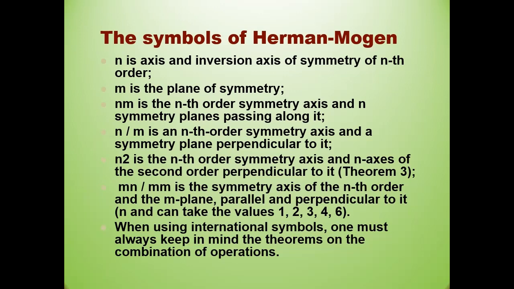Nm is an nth order symmetry axis and n symmetry planes passing along it. N/m is an nth order symmetry axis and a symmetry plane perpendicular to it. N2 is an nth order symmetry axis and n axes of the second order perpendicular to it, according to theorem number 3.